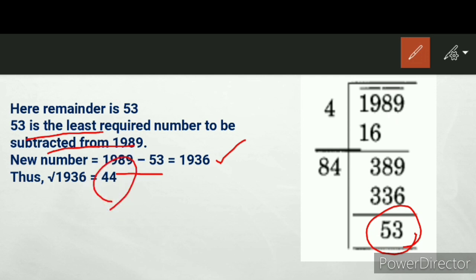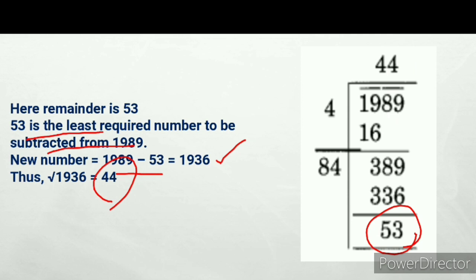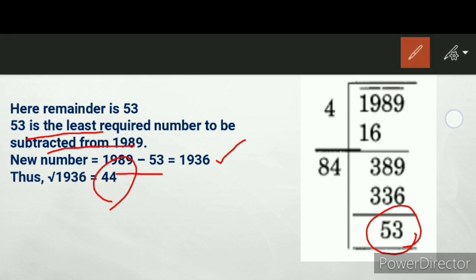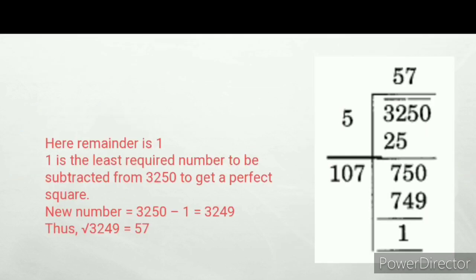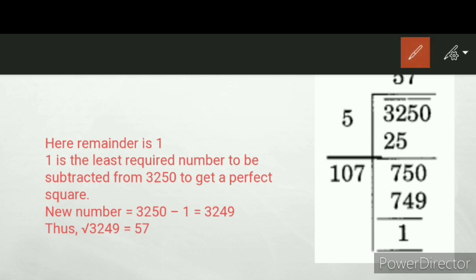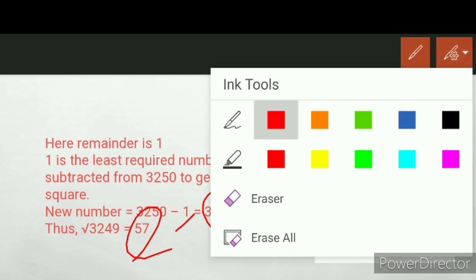Its square root is 44, our quotient. Next number, 3250. Here the quotient is 57 and the remainder is 1. That remainder 1 you subtract from the given number, and you will get the perfect square 3249. Its square root is our quotient, 57. That's all.